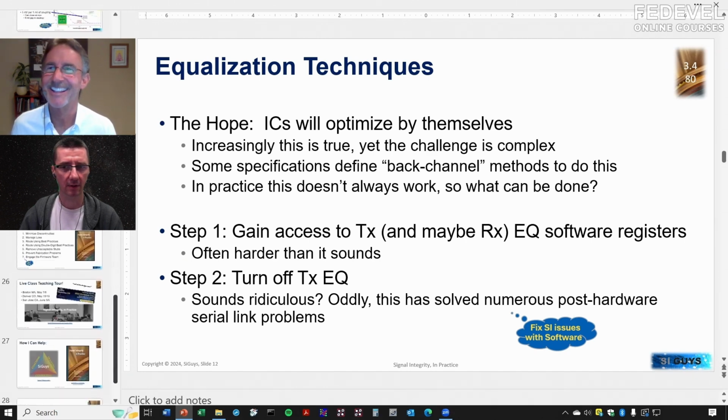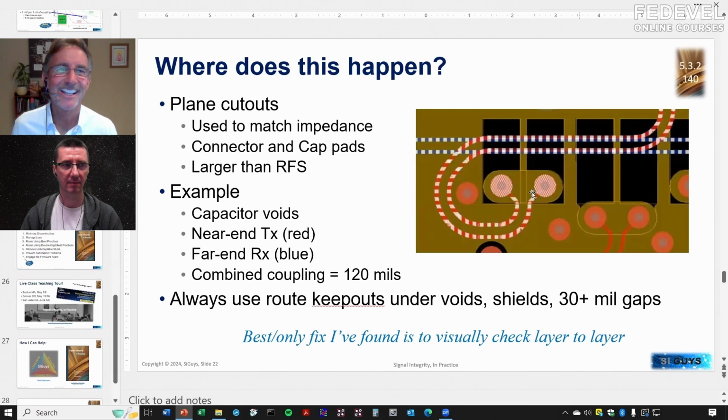Why don't they design this the best way when they set up the chip? Why is the register default not the best one? Well, think about it though. I'm just a chip. I don't know what system I'm going to be in. I might be trying to equalize 2 dB, I might be trying to equalize 20 dB.